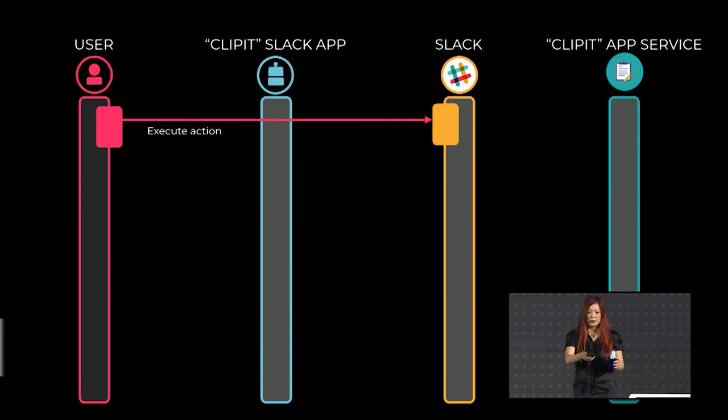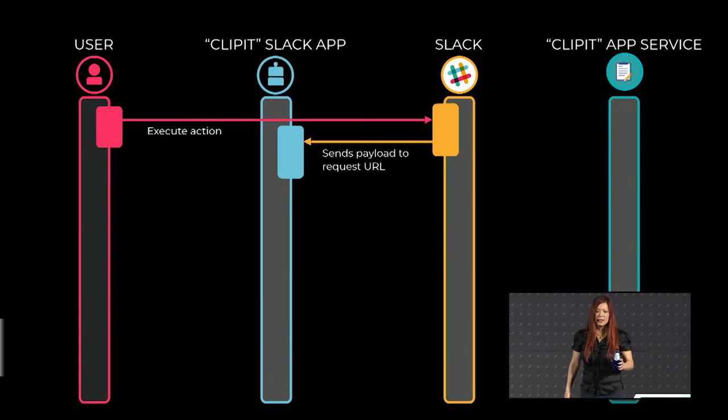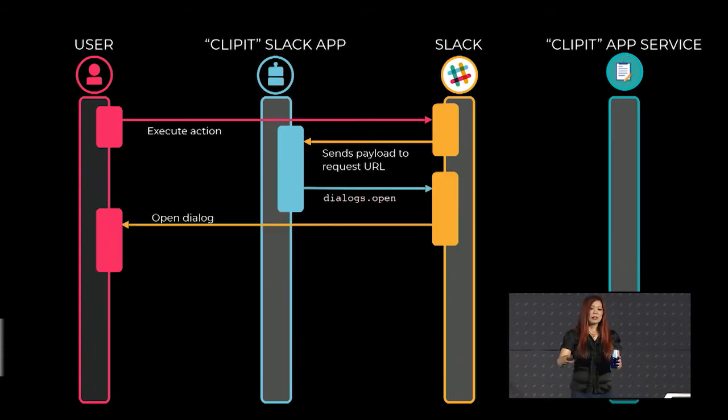That goes to Slack, and Slack sends a payload to the request URL, which you specified earlier in the config page. Now using the dialog.open method, the app opens a dialog box, and Slack shows the dialog box so the user gets a chance to edit.